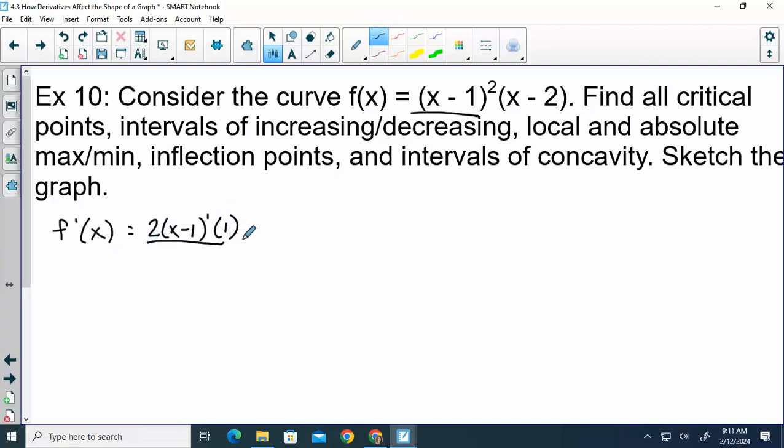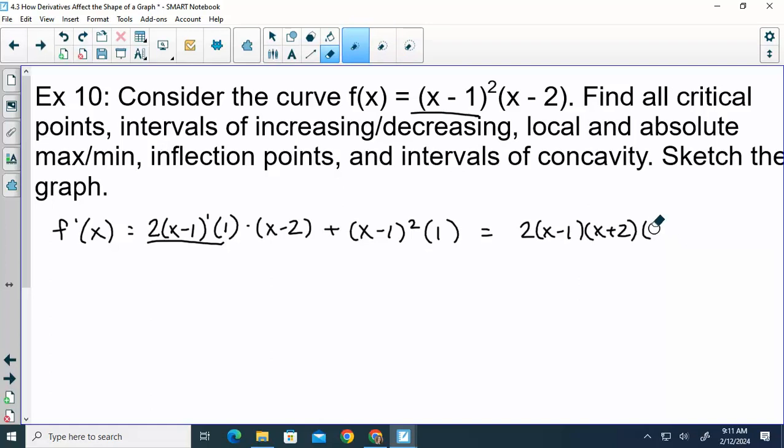So this is the derivative of the first, times the second, plus the first, derivative of the second. What's the derivative of x minus 2? So we have 2x minus 1, x plus 2, plus x minus 1 squared.